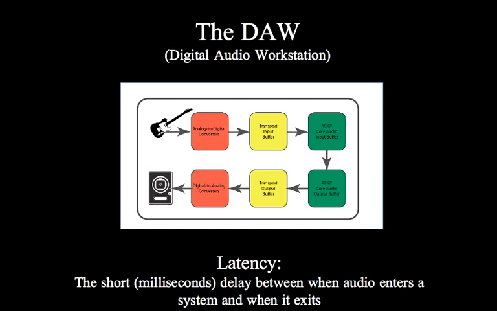So when we're talking about buffering, that's essentially what's going on: the computer is dealing with a certain chunk of audio data at a time and then moving to the next chunk. Because remember, this is like a constant stream of data coming from your guitar, and the computer has to deal with this constant stream as you're playing.